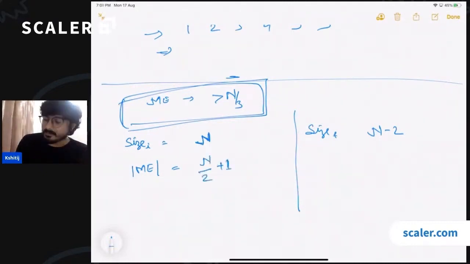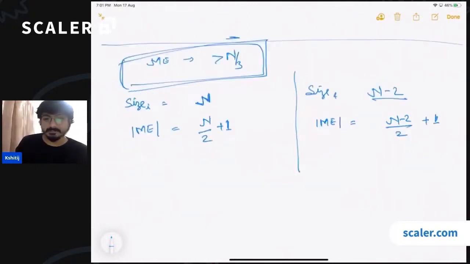If you have removed 2 elements from this array, at most one of them can be the majority element, because you are removing 2 distinct elements, right? So the count of the new majority element in this array is going to be (n minus 2) by 2 plus 1, right? Is it making sense, guys?